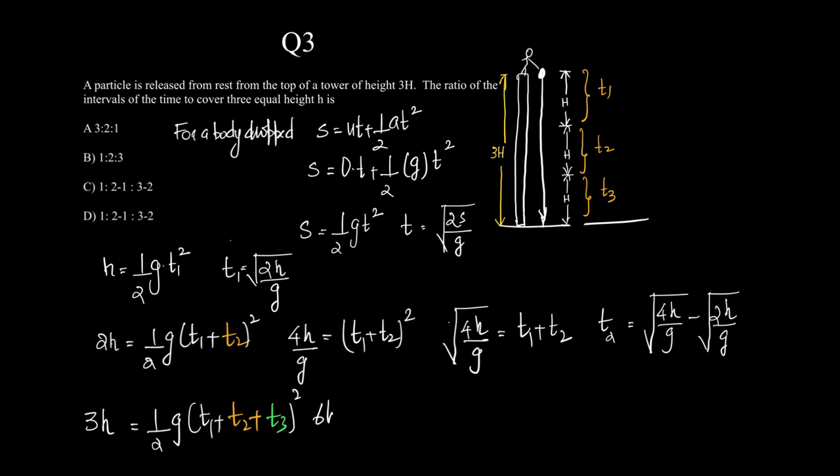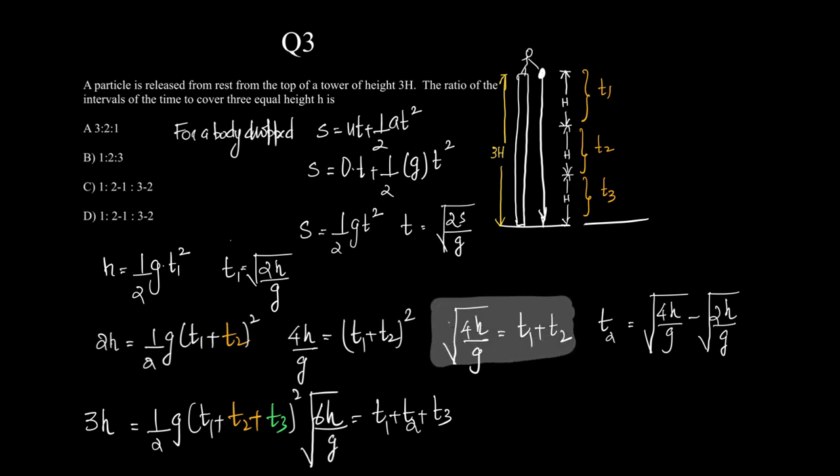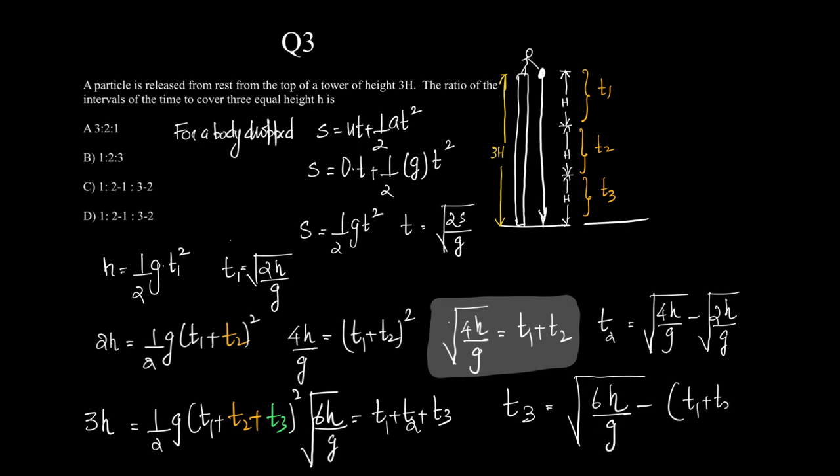So what we get is root of 6h by g is equal to t1 plus t2 plus t3. But what is t1 plus t2? t1 plus t2 is root 4h by g, right? In which case, what is t3 equal to? Root of 6h by g minus t1 plus t2, right?